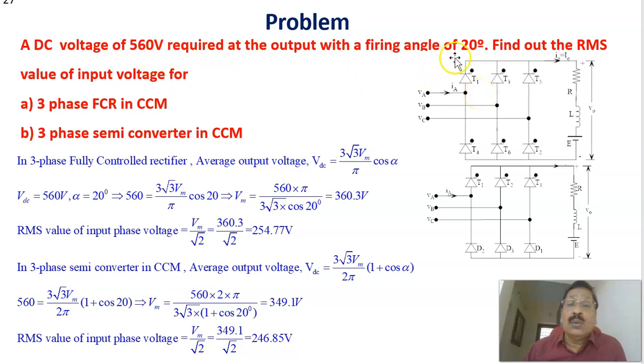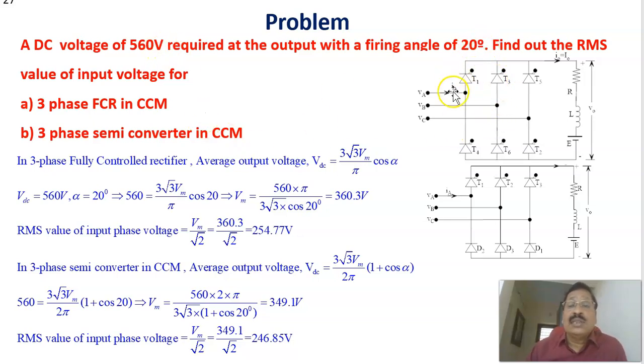That is the required RMS value of the input voltage. So this is the RMS value of the phase voltage in order to get an average output voltage of 560 volt for a firing angle of 20 degree.